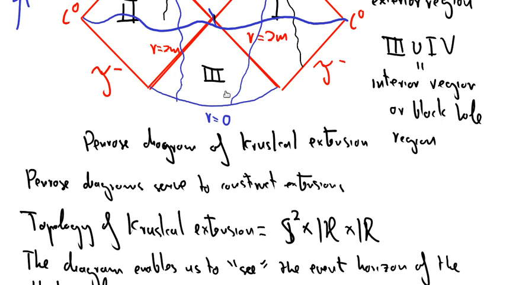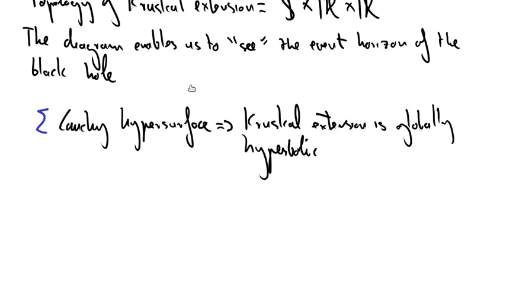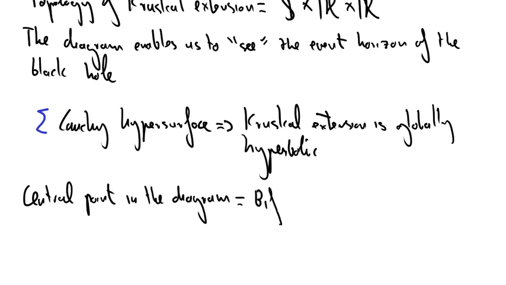This point is called the bifurcation sphere. We are paying attention to this point because it appears in general black holes.